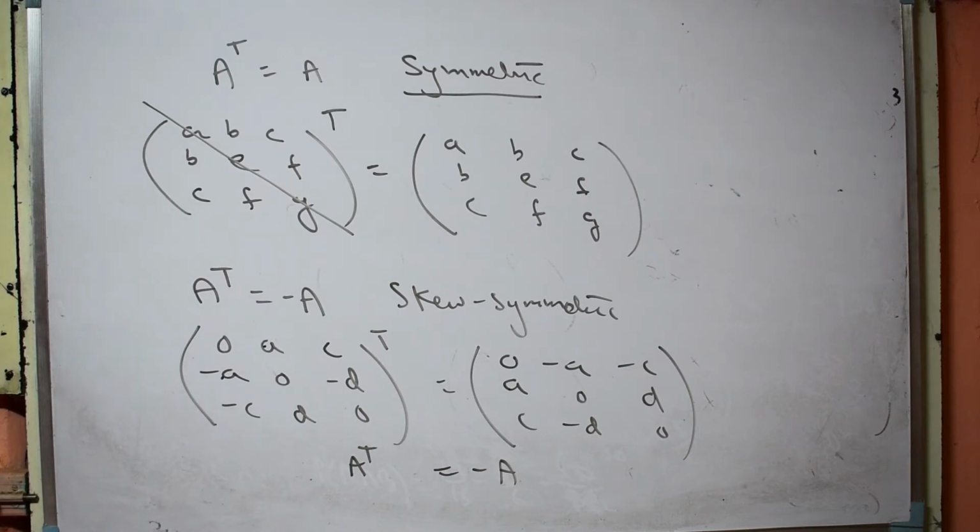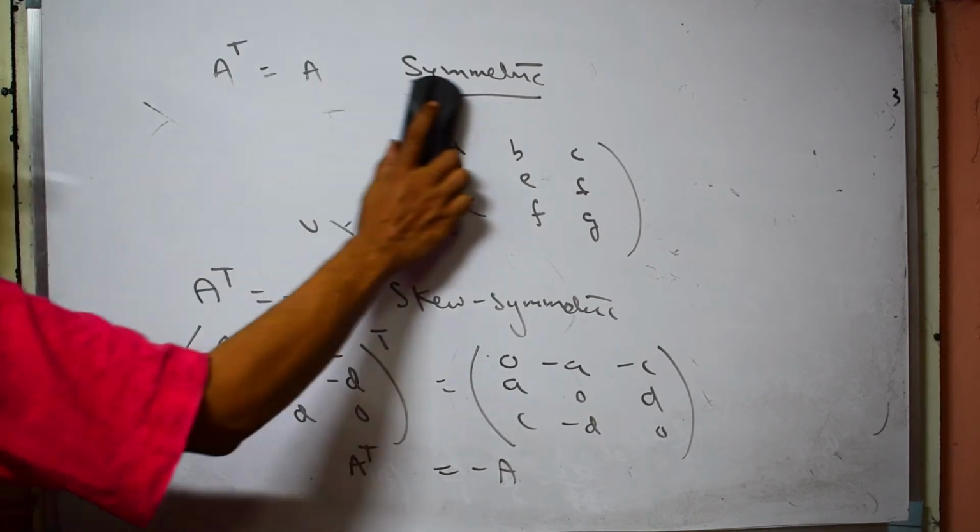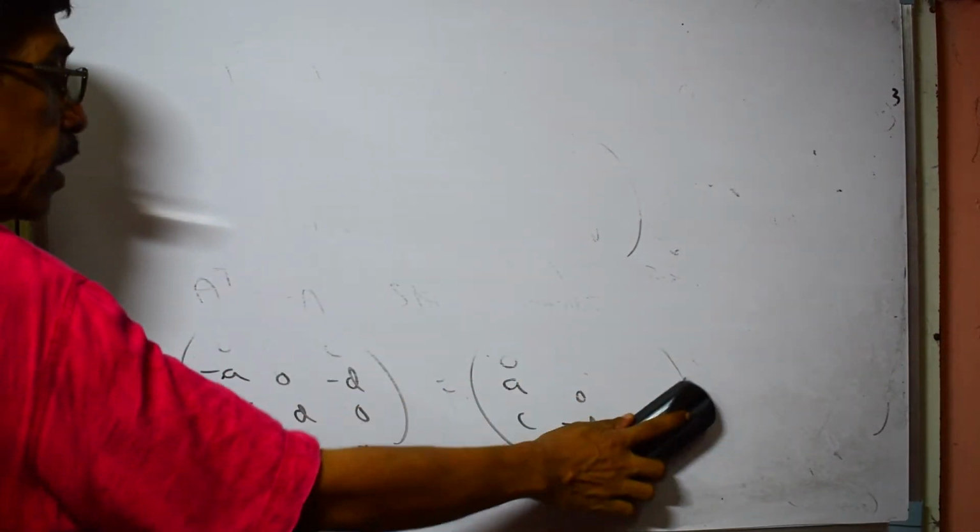Now in matrix we have a very important idea: if I multiply a matrix with a number, then the inside values of the matrix will get multiplied by the number.